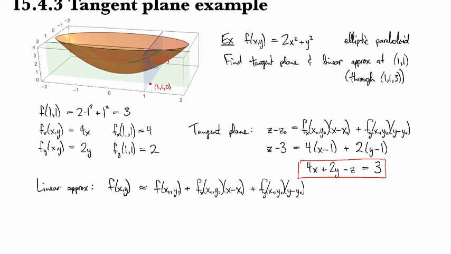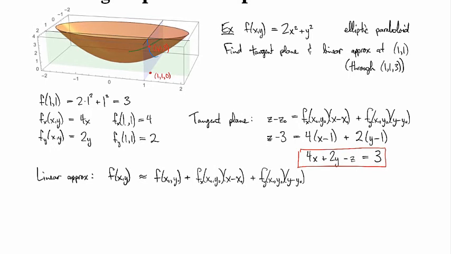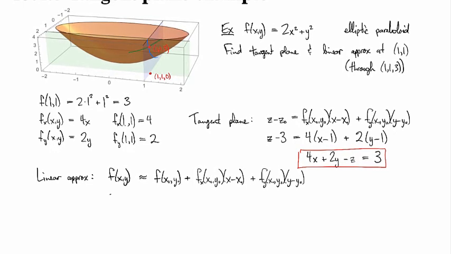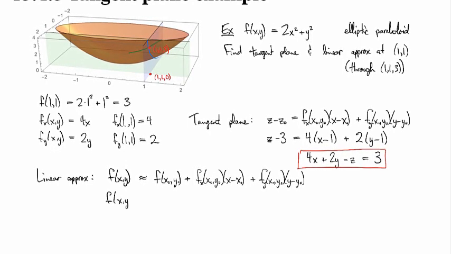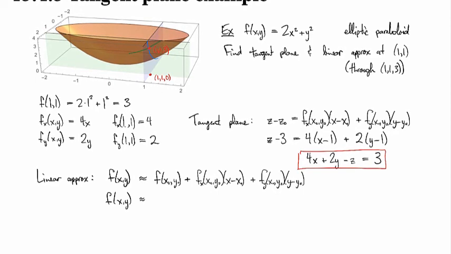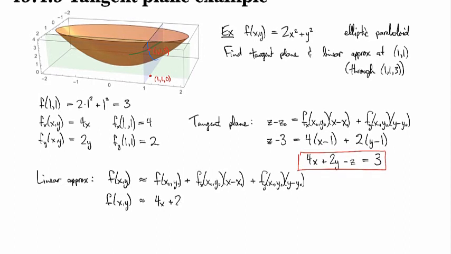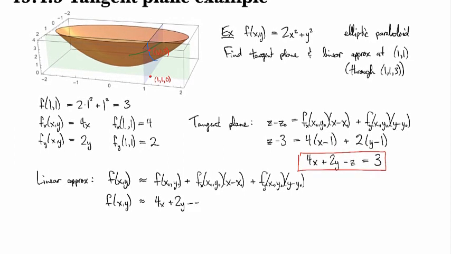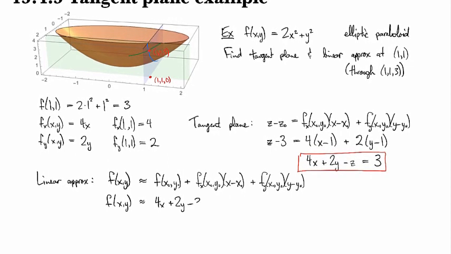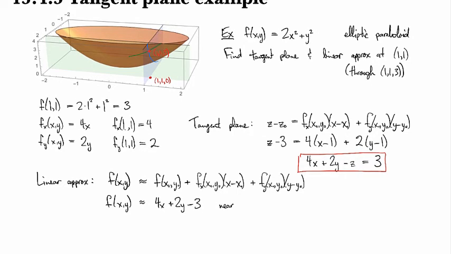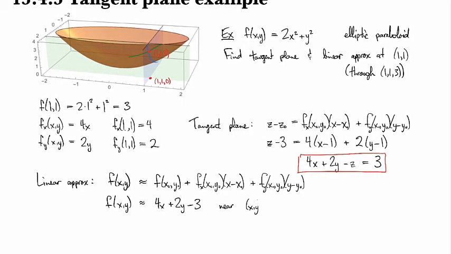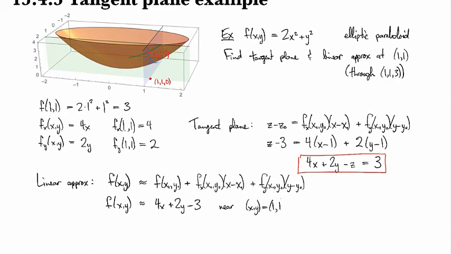So this business right here. And so in our case, we get that f is going to be approximately given by 4x plus 2y minus 3 near the point 1, 1.